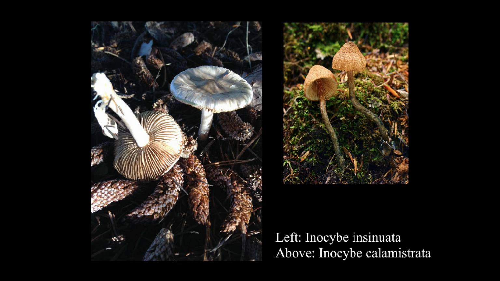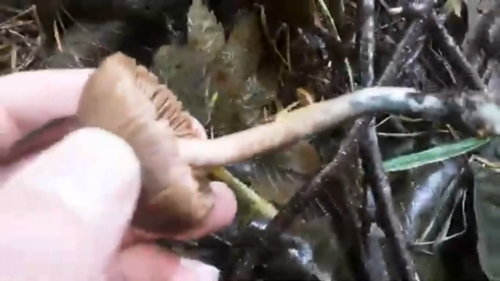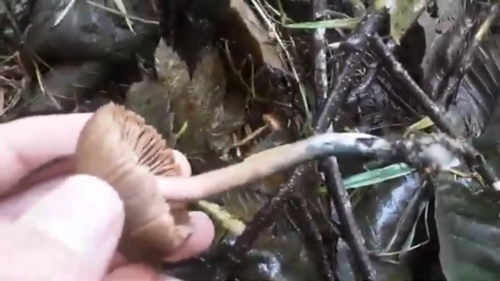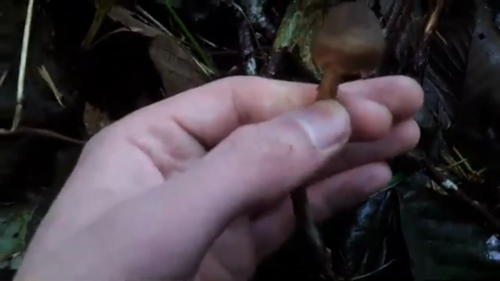Now what on earth is this? This is a new find for me. It's got quite noticeable blue bruising, which leads me to believe it is active, but I don't know what species or even what genus these are. Growing right next to this little guy.